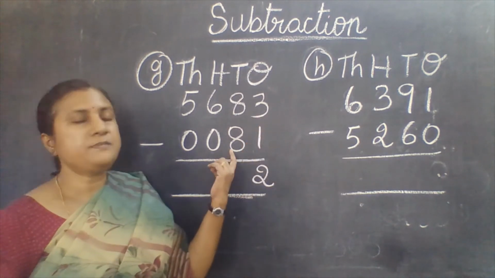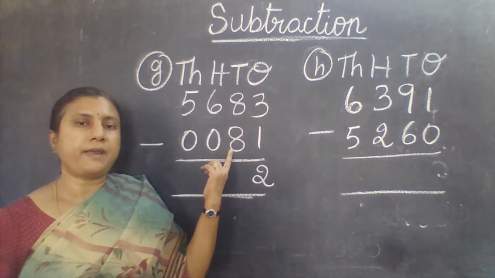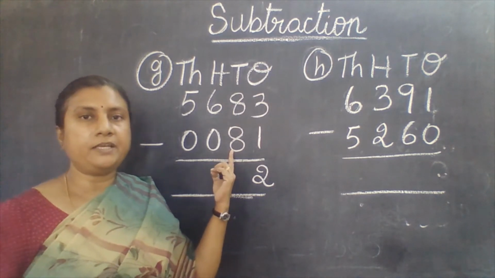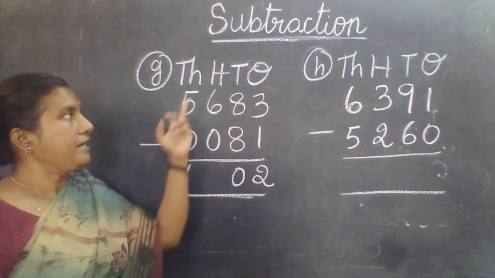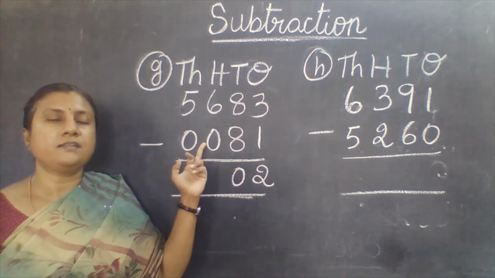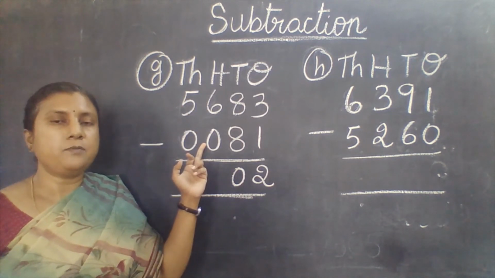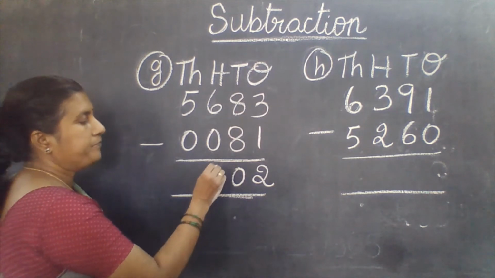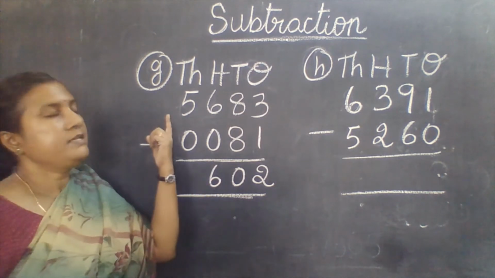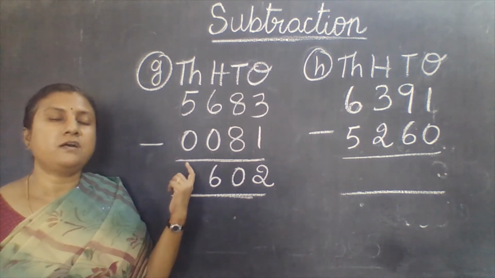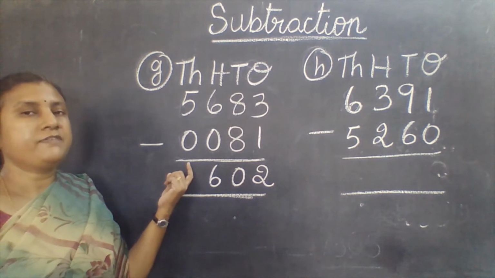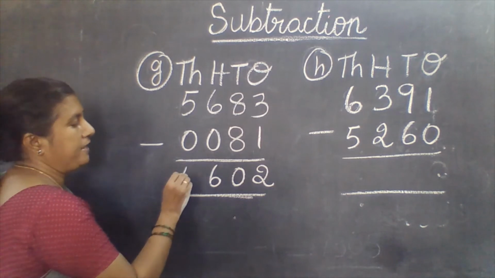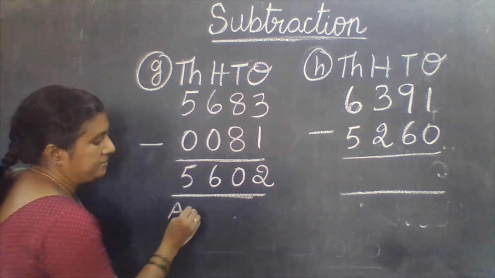In tens place, we have 8 and 8 to subtract. According to same number property, the difference will be 0. In hundreds place, we have 6 and 0 to subtract. According to 0 property, the difference will be 6. In thousands place, we have 5 and 0 to subtract. According to 0 property, the difference will be 5, the same number.